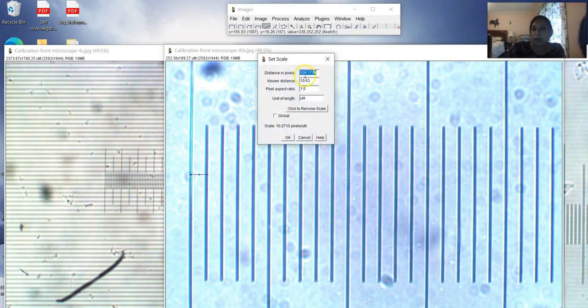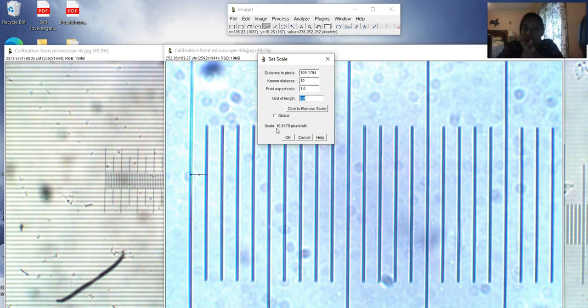And so now I can say 109, and it is automatically correctly figuring it out based on our last measurement. But it should be 10 micrometers, and now you can see that the scale came up pretty much the same, 10.7 versus 10.9.